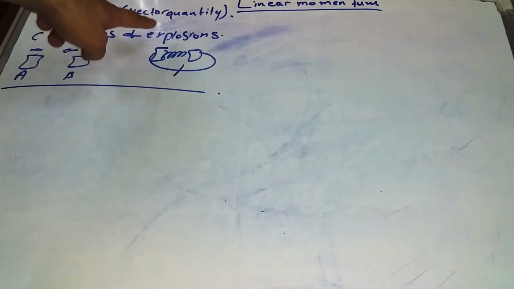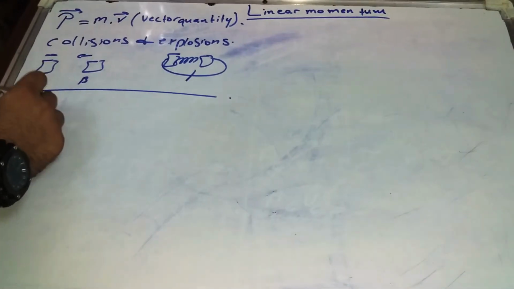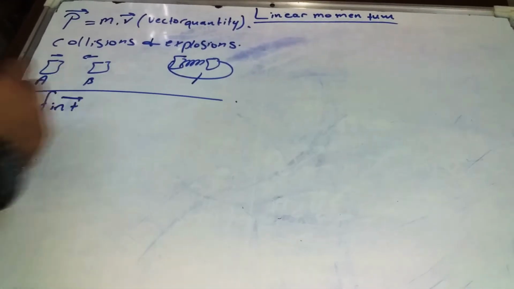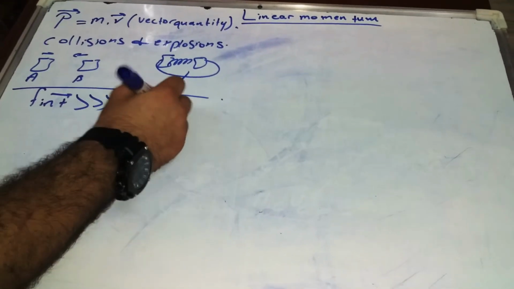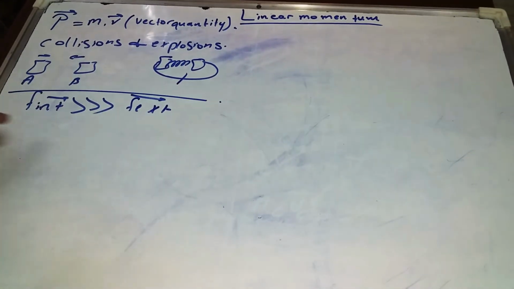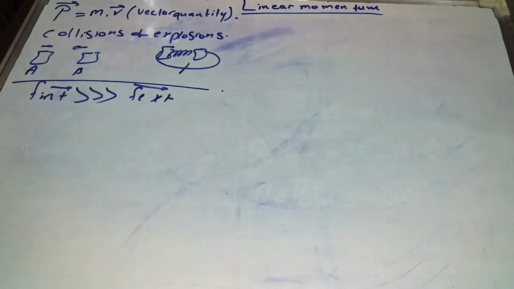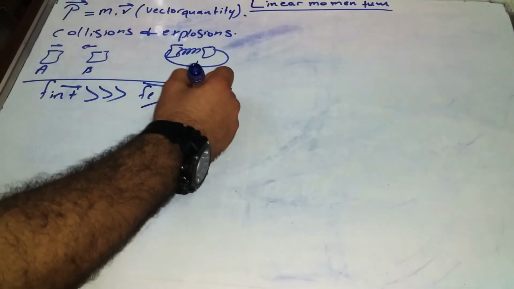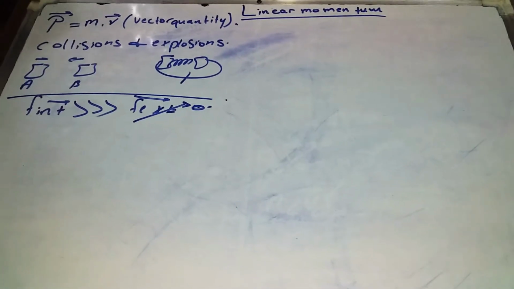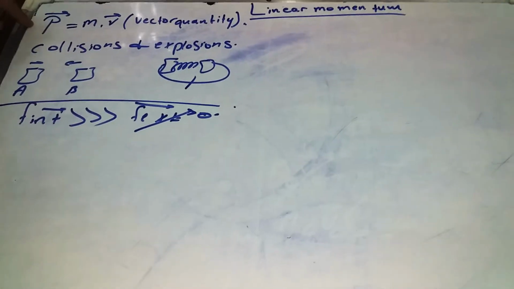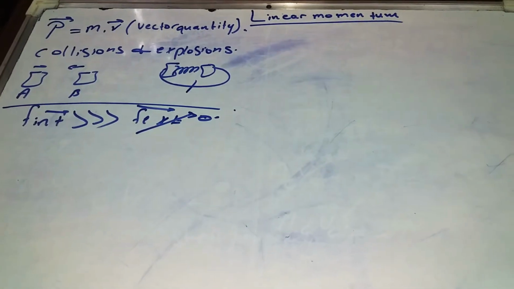But here in these two cases, the internal forces are much bigger than that of the external one. So the external forces in these two cases are negligible. So here comes the big one, which is the linear momentum, which solves these two cases.